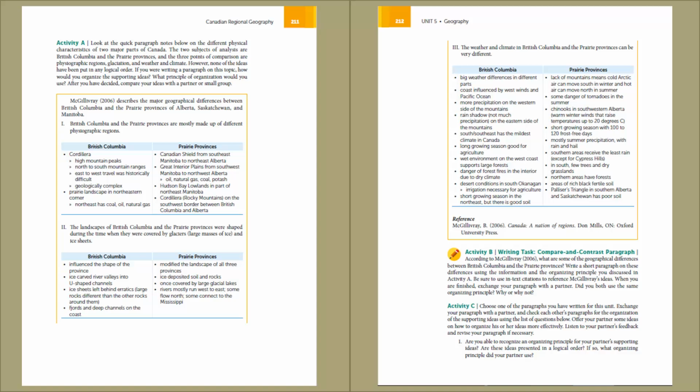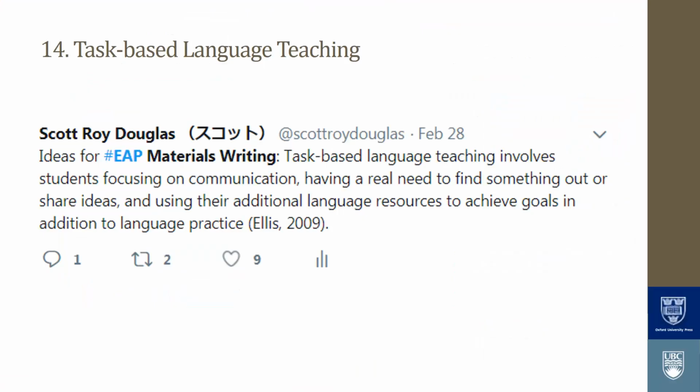They're learning about British Columbia and the prairie provinces, getting all kinds of facts about the weather and climate in British Columbia compared to the prairies, and learning how the landscape was created in these different geographic regions. They're going to leave this class knowing more about Canada than when they started, but hopefully they'll also know more about comparing and contrasting ideas. So it's that 2-for-1 gain.